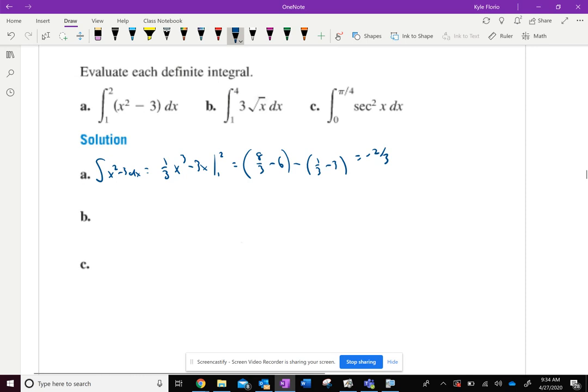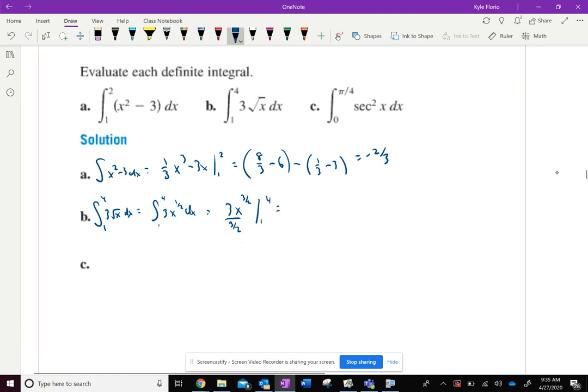For part B, I would first rewrite that as the integral of 3x to the 1/2 from 1 to 4, which is going to be 3x to the 3/2 over 3/2 from 1 to 4.